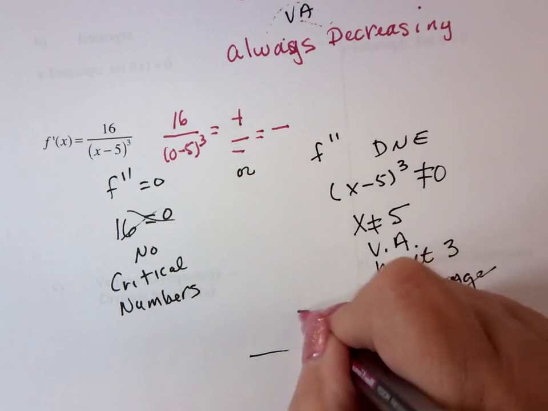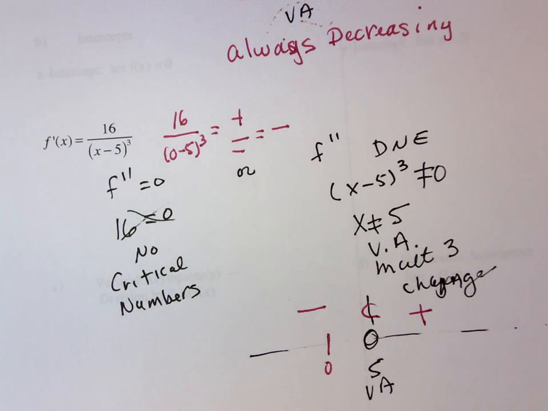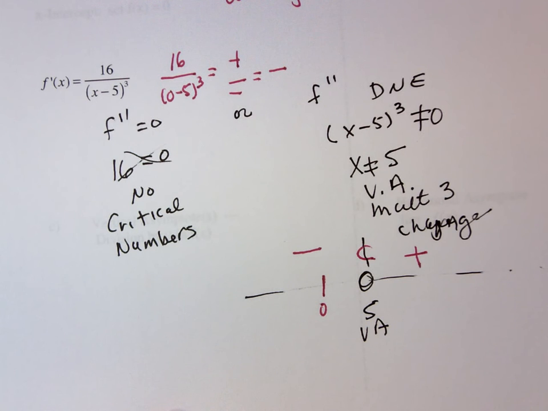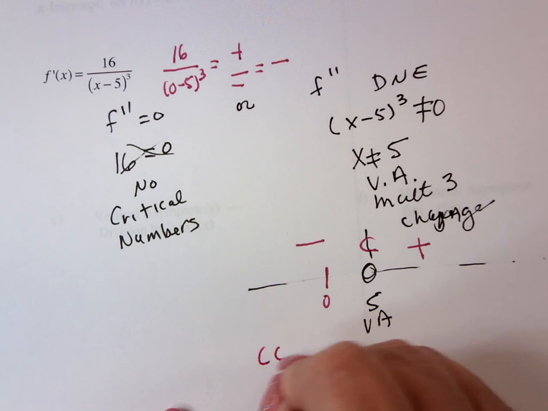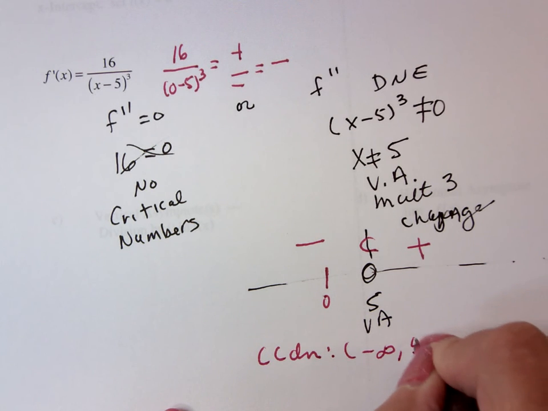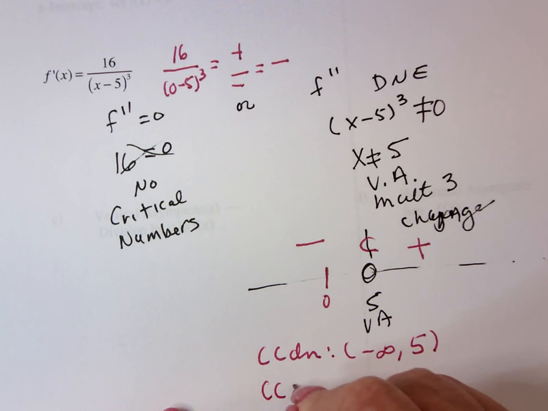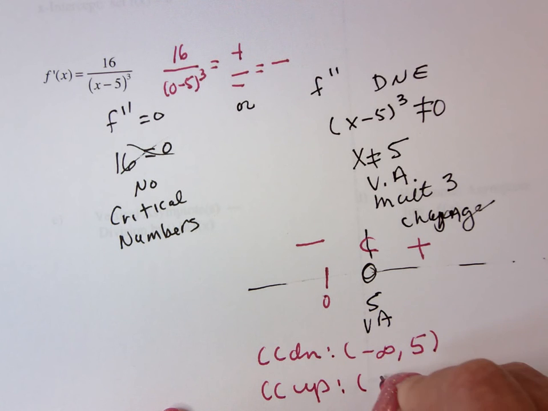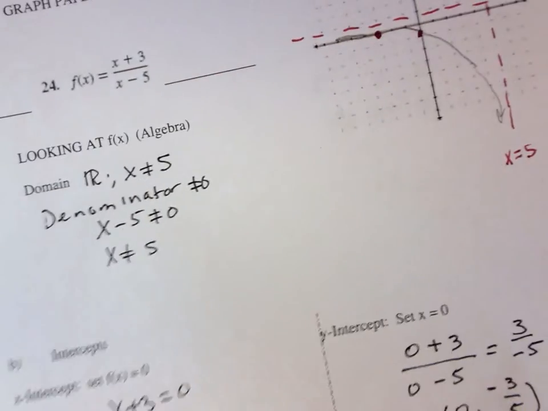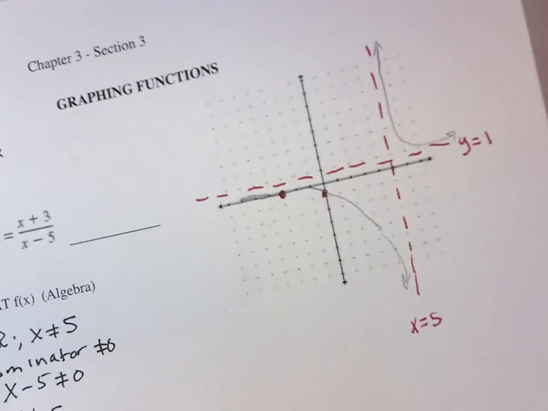So negative change positive. So what this tells me is that this is concave down from negative infinity to 5, and then concave up from 5 to infinity. And then that should match my graph, concave down followed by concave up, yes?